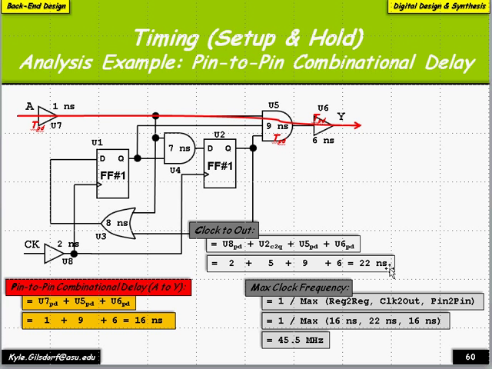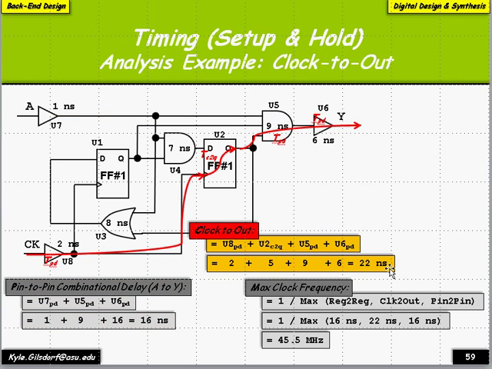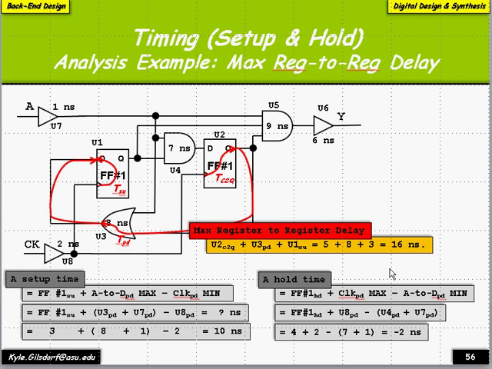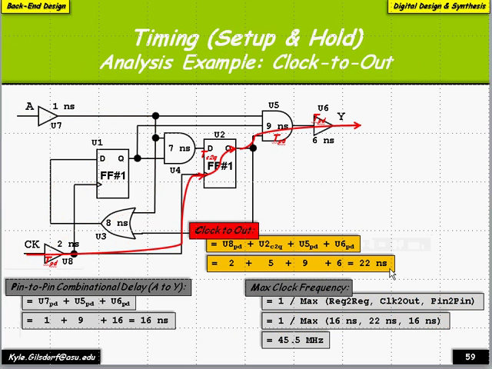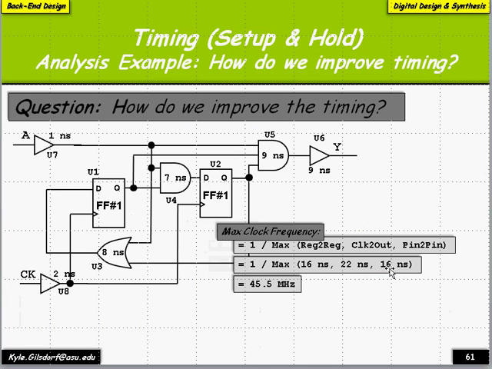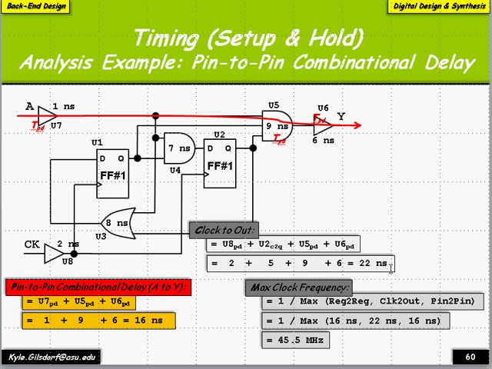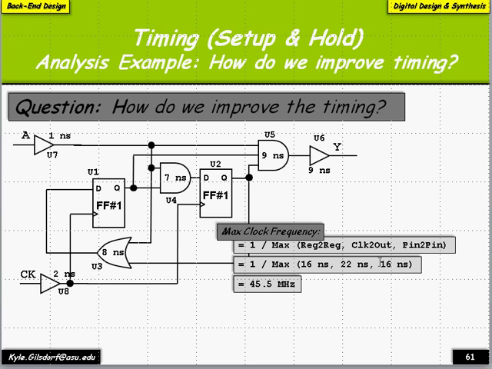There's going to be input to reg, reg to reg, clock to out, and pin to out. And so what we end up with here is timing of 45.5 megahertz, even though we're not actually meeting hold timing. So the question we ask ourselves is, how do we improve timing?